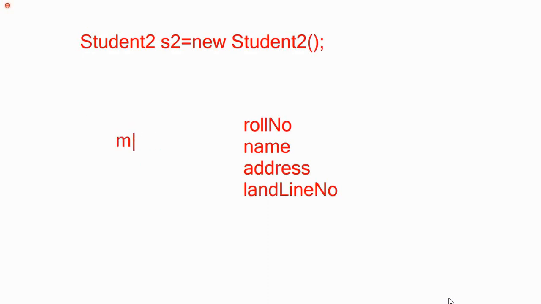Suppose if I write student 2, S2 equal to new student 2. If I write it now, memory is allocated to roll number, name, address, landline number, mobile number, mail ID.